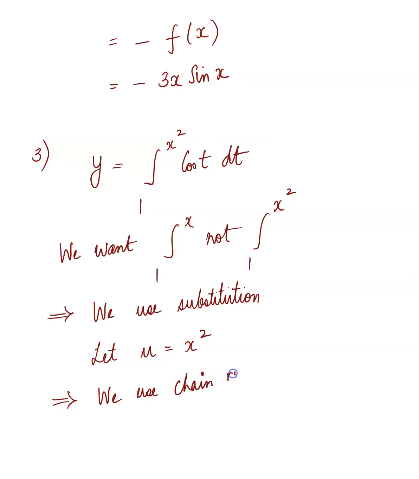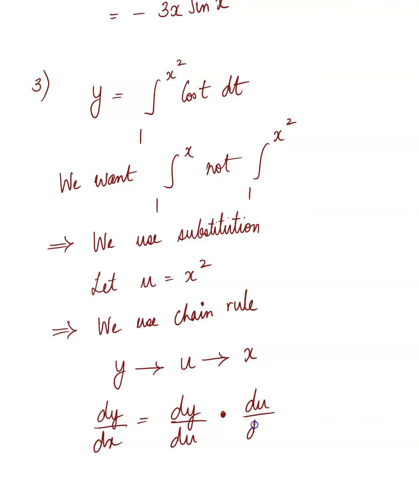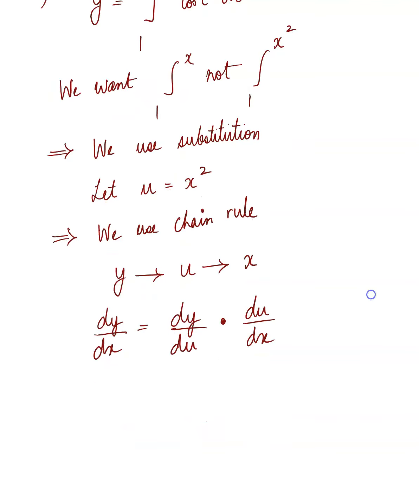This implies we use the chain rule. The reason is that we need to get dy over dx, but you have to go through the u. You get to the x through the u. So dy over dx will actually be dy over du times du over dx. Remember the chain rule? Because of the substitution, you have one layer to insert.